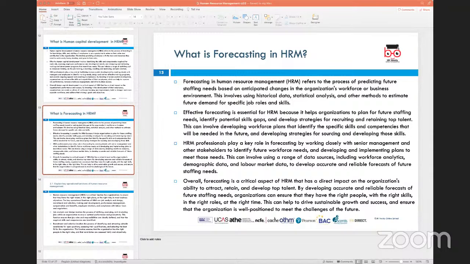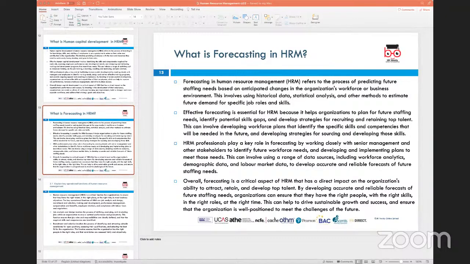So forecasting is also done when a company is expanding, or when there are things which are dynamic within the organization and the workforce is being expanded. You generally see HR will also be tasked with doing a bit of forecasting. That means how many employees would we need, what is the headcount, how much we need to spend to increase the headcount from, say, 100 to 200, and what are the skill sets which are lacking in our organization, and if we have to acquire these skill sets, can we do in-house training, can we get them from outside?